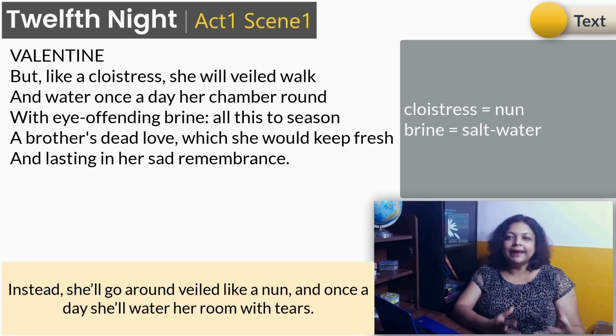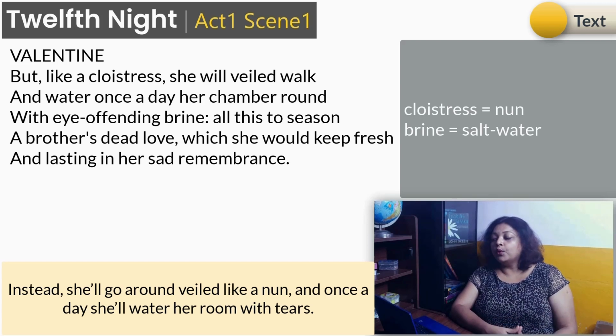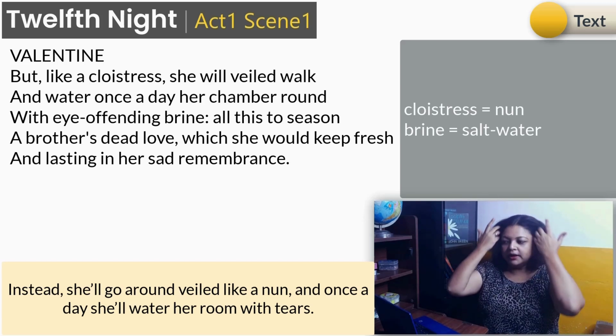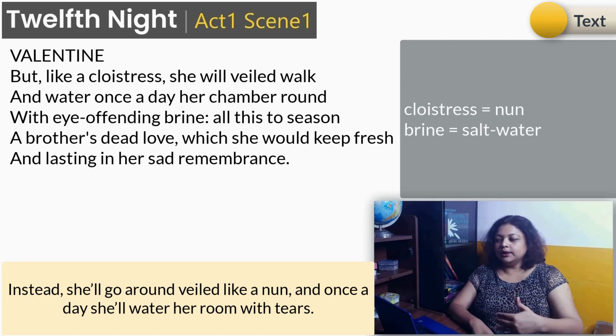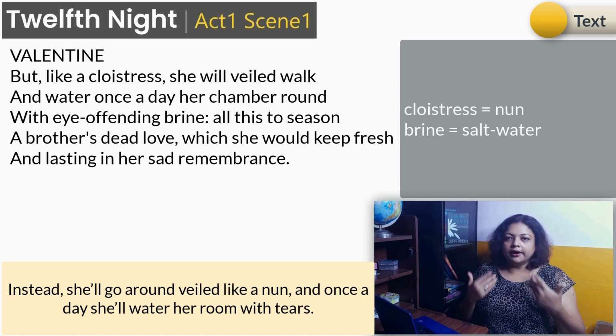Olivia would behave like a nun. And what would she do? Cloistress means nun. She will walk wearing a veil and cover her face, and once a day for 7 years she will walk about her room, her chamber, and she would cry.